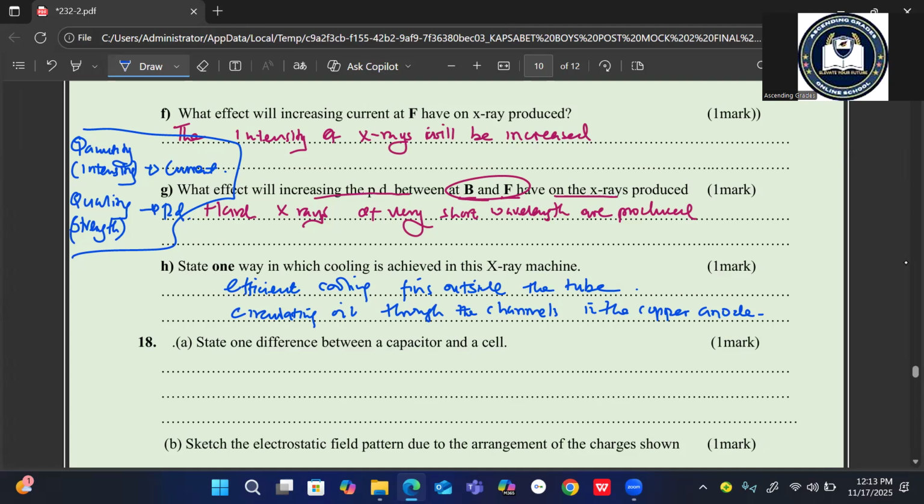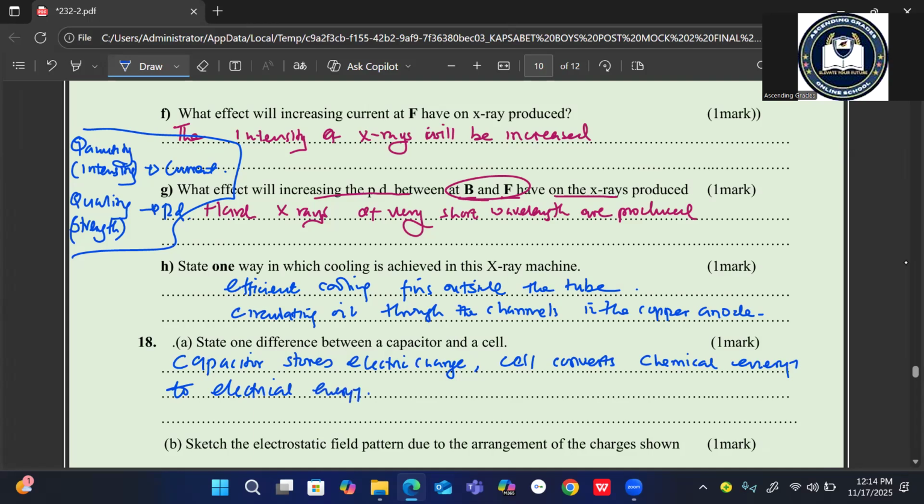State one difference between a capacitor and a cell. A capacitor stores electric charge. A cell converts chemical energy to electrical energy.